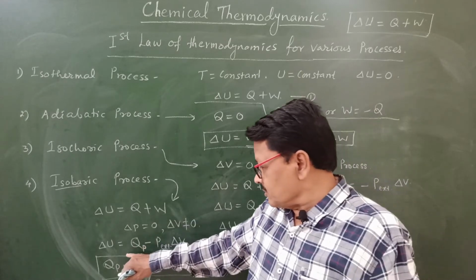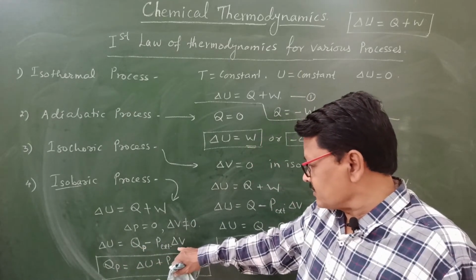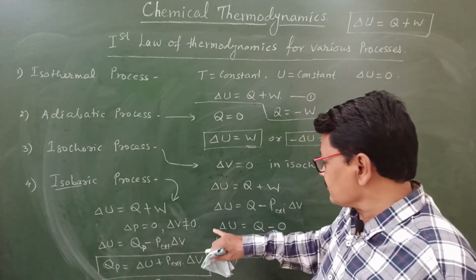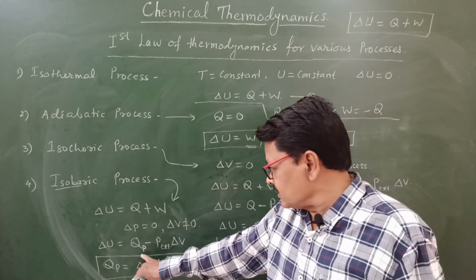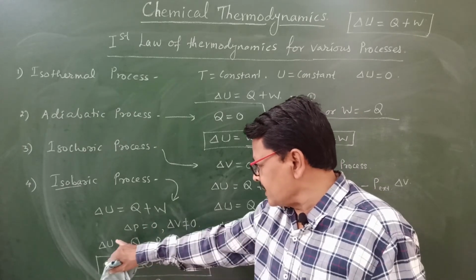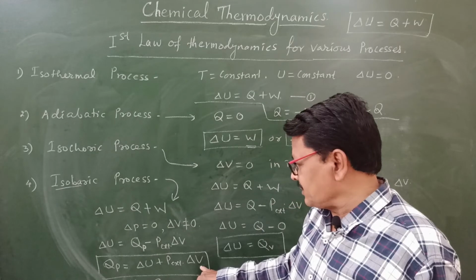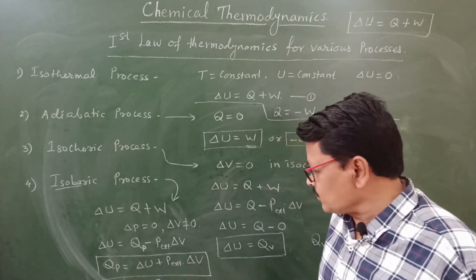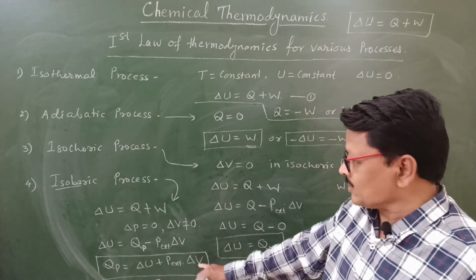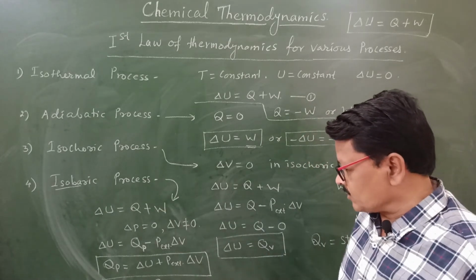So delta U is equal to QP minus P ext delta V, where the value of work is kept in this equation. Then if you transfer this P delta V to the left hand side, you will get QP is equal to delta U plus P delta V. That is the equation for the first law of thermodynamics in the case of an isobaric process.